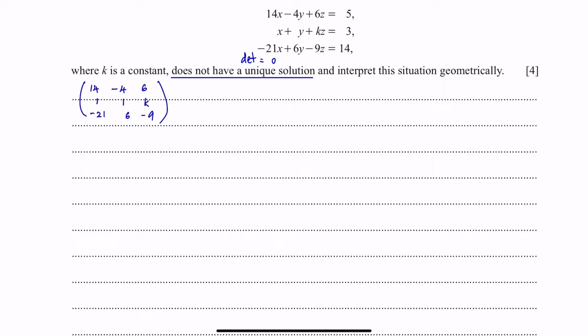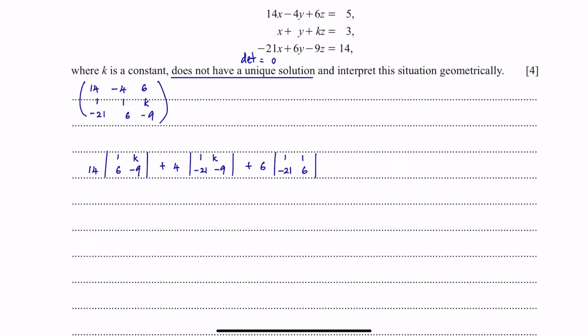To find the determinant, we take 14 times this matrix plus 4 times 1, k, -21, -9 plus 6, 1, 1, -21, and 6.